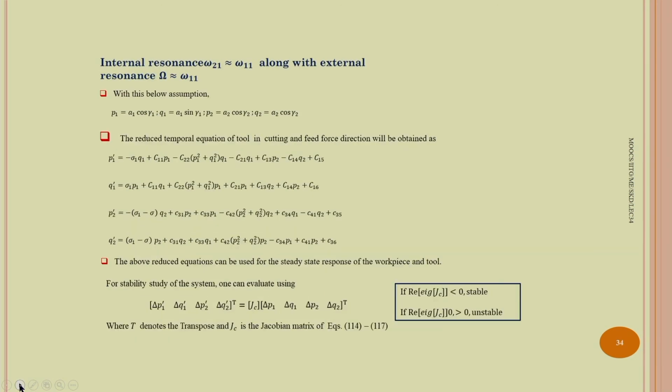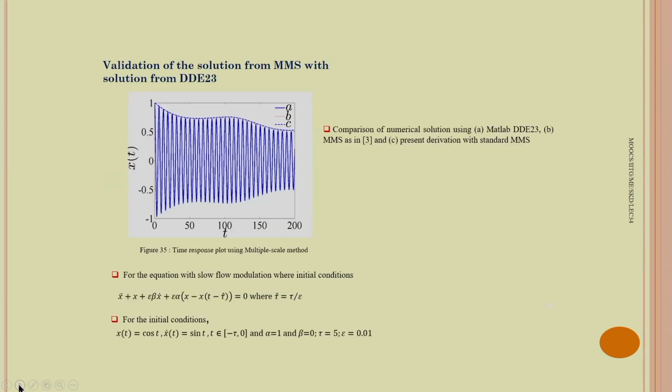This part I am not going to discuss in detail, but you can see that using the method of multiple scales and DDE23, you can verify that the results are similar or the same.